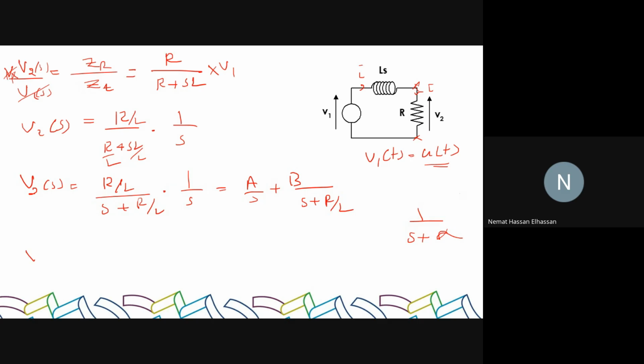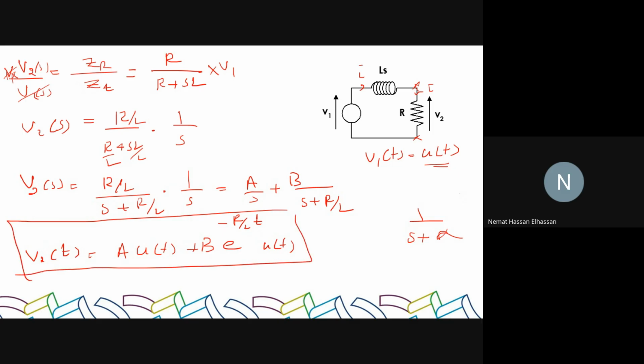Which means that V2 of t will be equal to A u of t plus B e to the power minus R over L t u of t, right? Now ignore the values of A and B. If you look at this and compare it, now here we're evaluating the voltage V2, right?